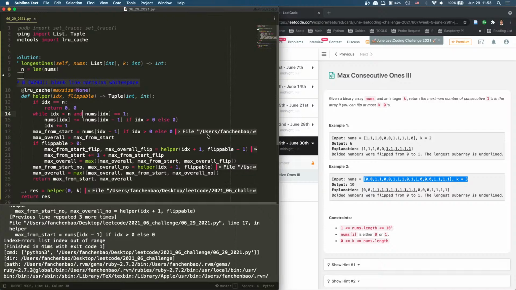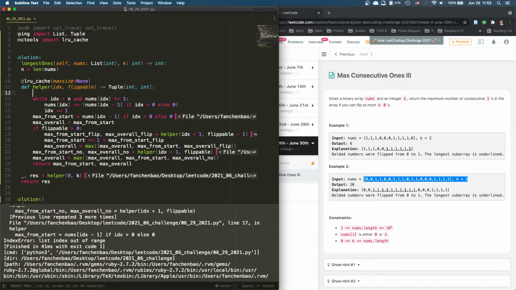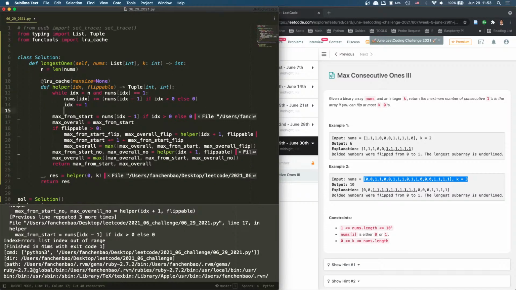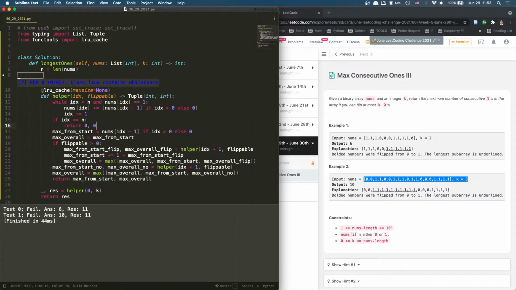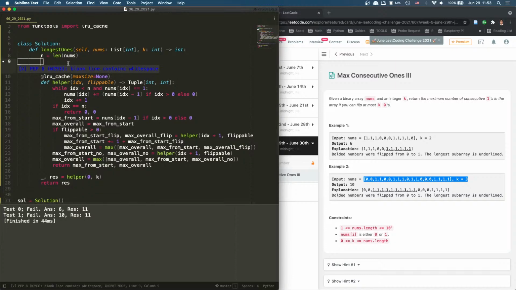So this one is out of range. Well, this is smaller than n, and then equals 1, and it equals this, plus 1. Now I index is n, and max from start index is n. So I think we probably should do this one. So we run this first, and then check it here. There we go. Okay, so we have wrong answers.